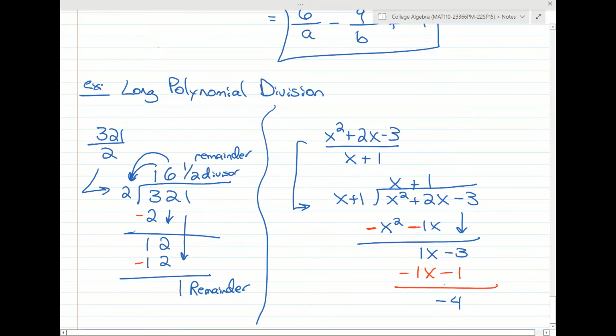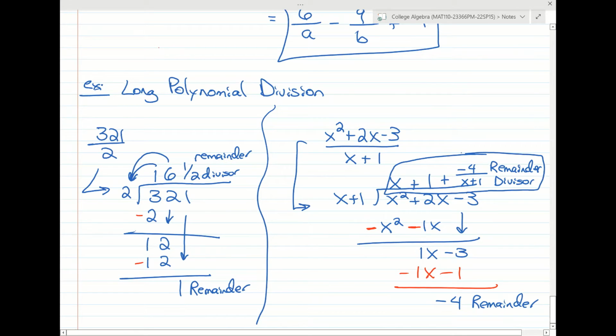X times what is negative 4? The answer is nothing. This is our remainder. So the answer would be x plus 1 plus the remainder over the divisor. That's how we do division. It's the same as when you were in middle school.